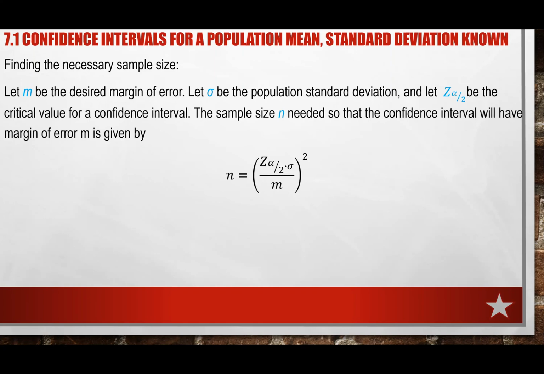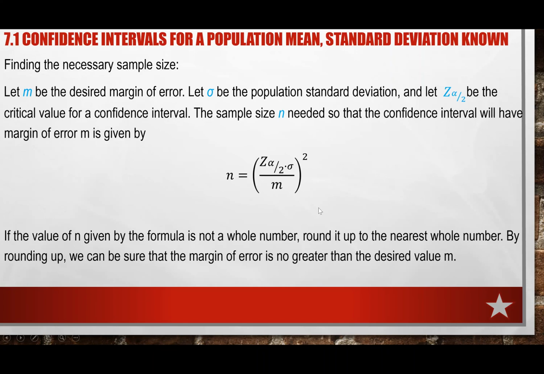If they ask you to find a sample size necessary to fit the confidence interval that we need, then we take a critical value, your z alpha over 2, times the population standard deviation, divided by the margin of error. Whatever that result is, we have to square it. It's basically the reverse algebraic operation.